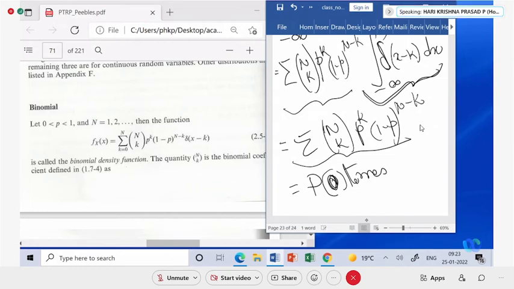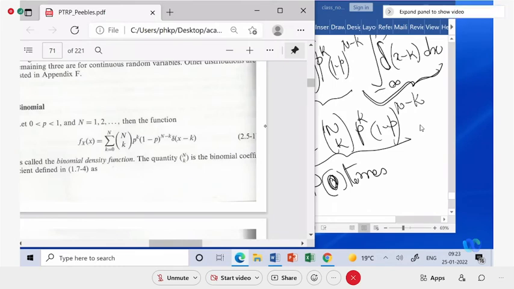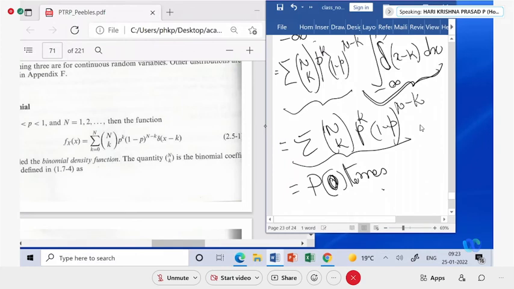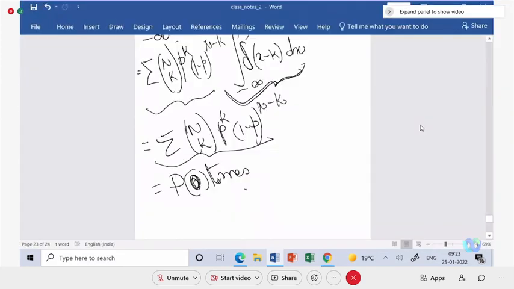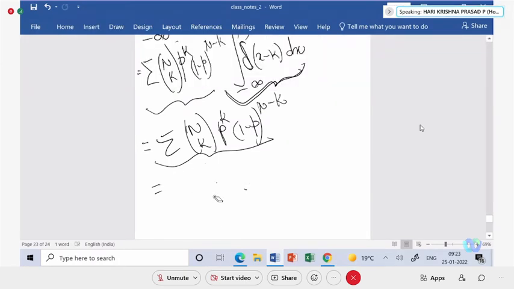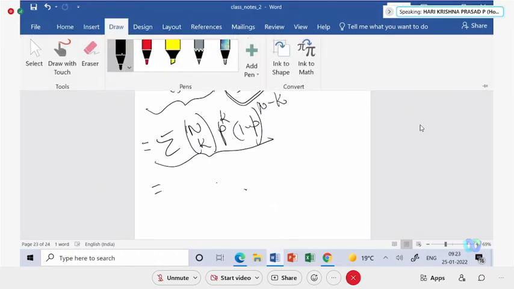When k equals 0, let me put down one more step. I am trying to show how we verify whether the given density function is a valid probability density function or not.